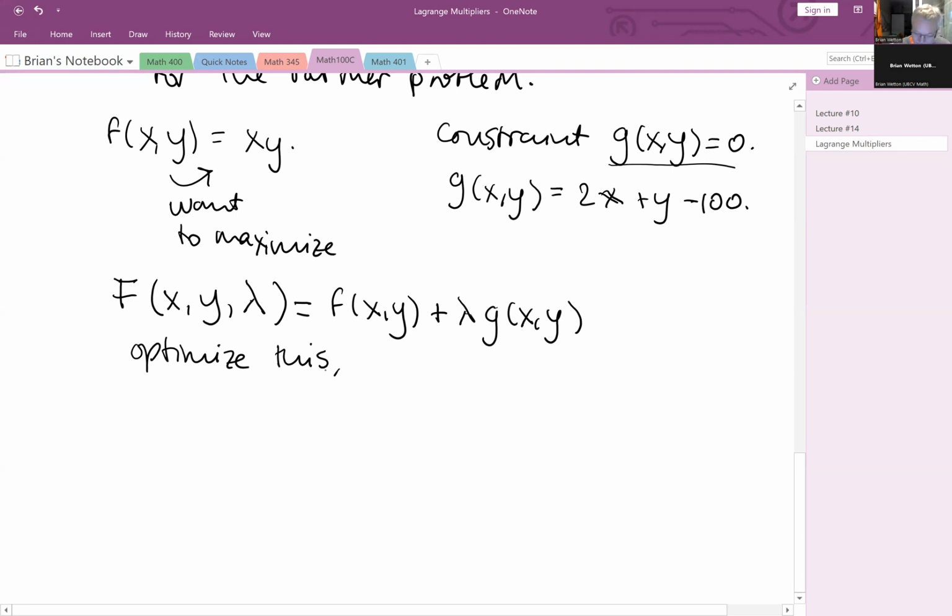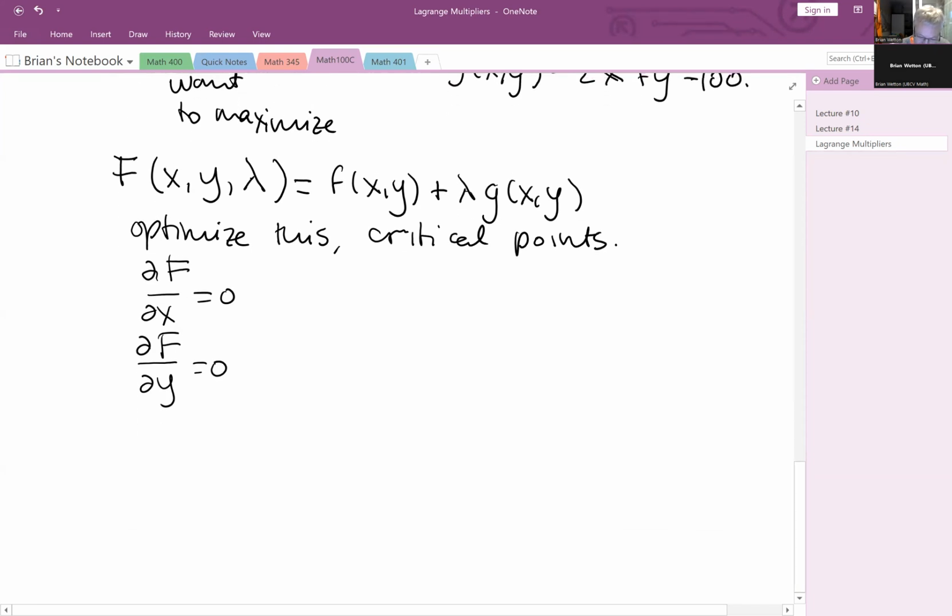And so I want to find critical points. But it's a function of three variables, so it's not just that the partial derivative of capital F with respect to x has to be 0, and the partial derivative of capital F with respect to y is 0. I also want the partial derivative with respect to lambda to be 0. Okay, and you can make this plus, but now I've just realized there's something a little bit nicer if I make it minus.